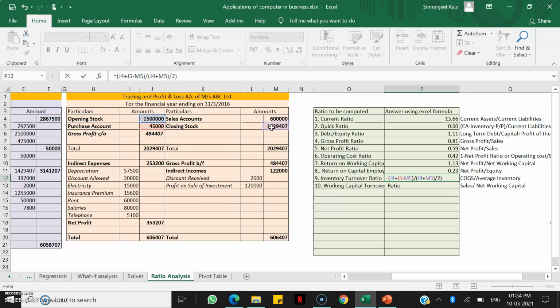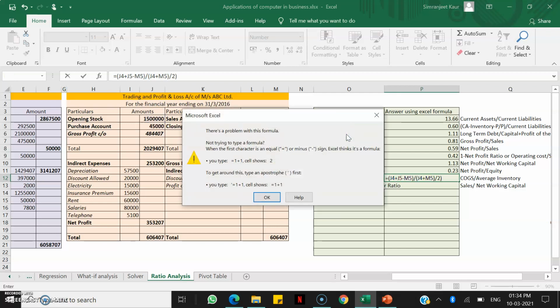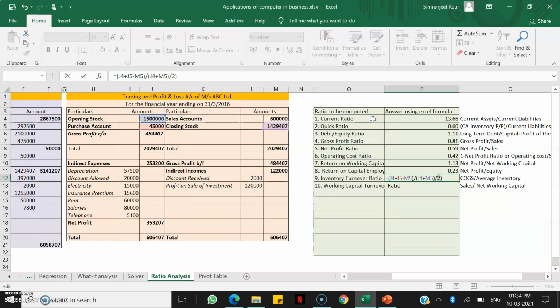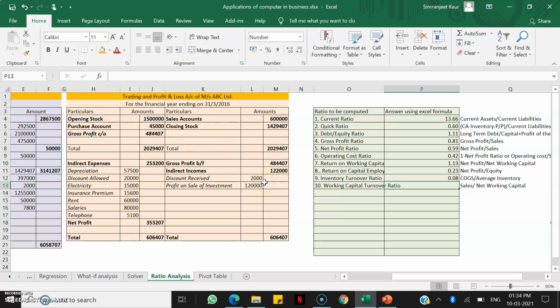So this also we should put in a bracket because let me go back to my formula bar and correct it, because we have a division sign here also, right. So following the rule of BODMAS, they will divide first, that is why we are putting a double bracket here. Now I'll press enter. Yeah, so this is 0.08, right.